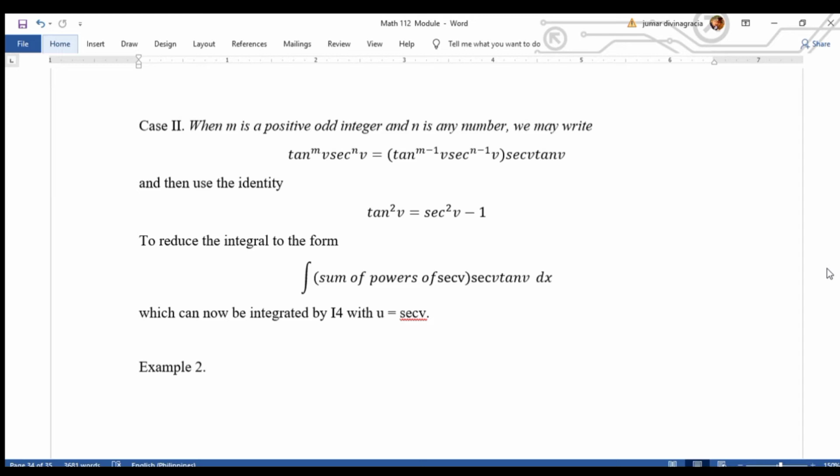And then we can use the identity for tangent square v, which is equal to secant square of v minus 1, to reduce the integral to the sum of powers of secant of v times secant of v times tangent of v dx. And we can integrate this by using I4 with the value of u equal to secant of v.